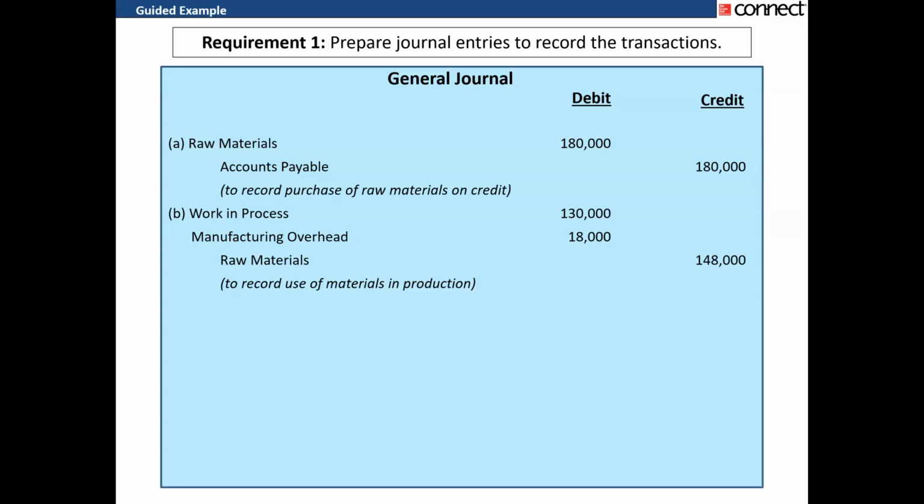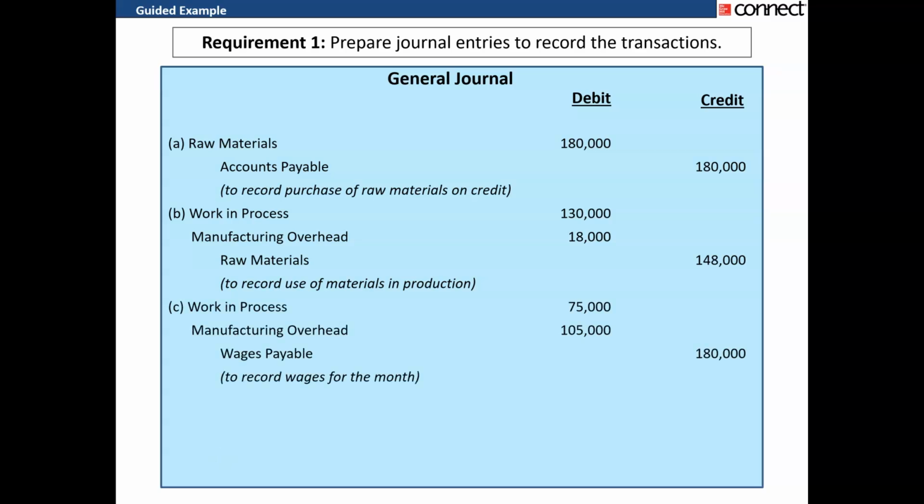The $18,000 of indirect material goes into manufacturing overhead. Anything indirect goes to manufacturing overhead because you cannot directly take that raw material and say it went to this product. Then you will credit the entire amount, both indirect and direct, to raw materials because it is leaving raw materials.